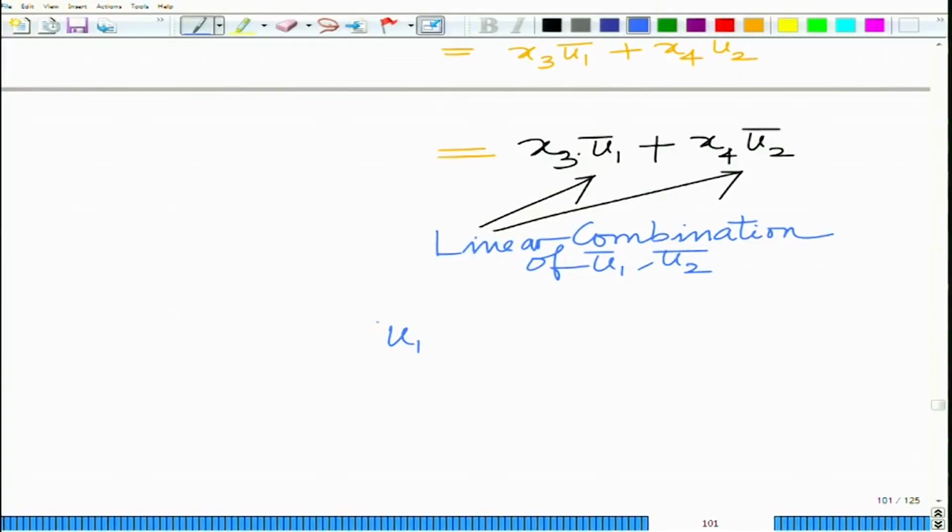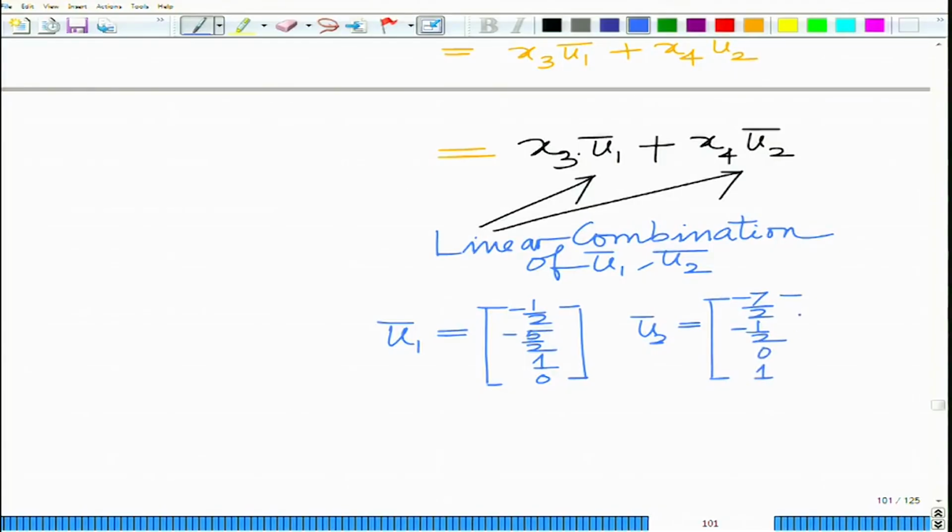So, what are these vectors? You can clearly see u1 bar equals the vector minus half, minus 5 by 2, 1, 0. u2 bar is the vector minus 7 by 2, minus half, 0, 1.